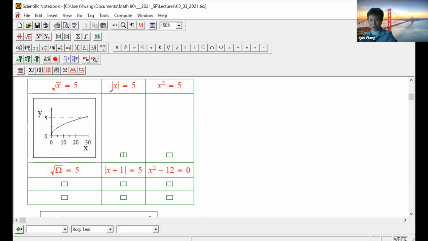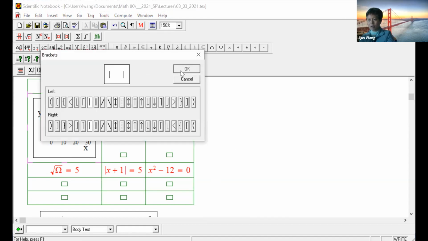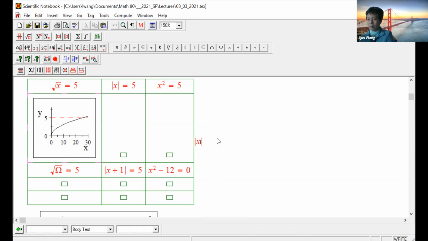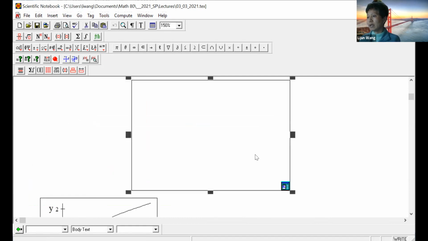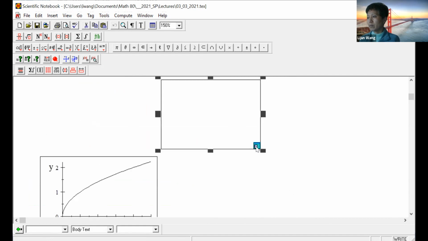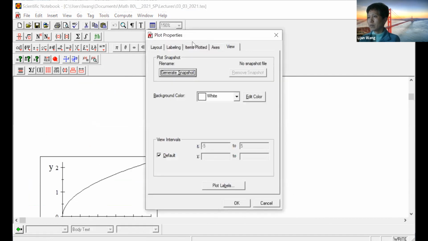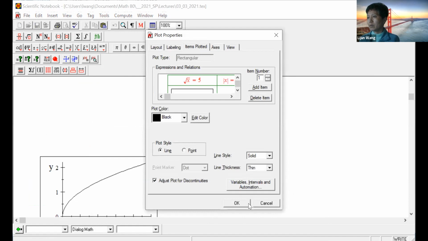Now let's look at this one, absolute value of x. What is the graph of absolute value of x? We know the graph of absolute value of x. Everybody should know that. I'm sure you do. What's going on here?